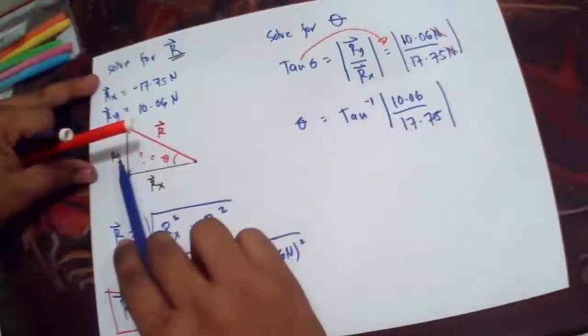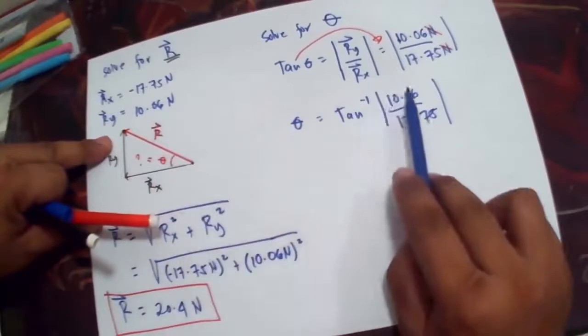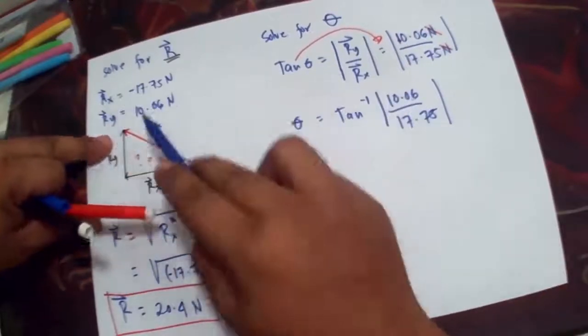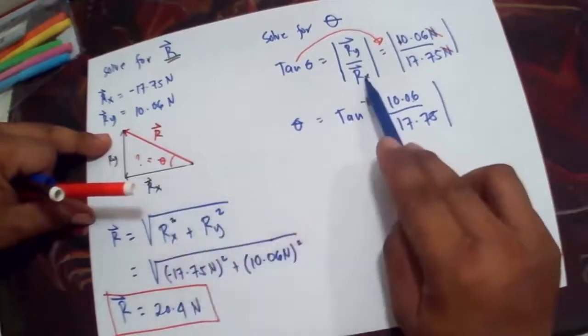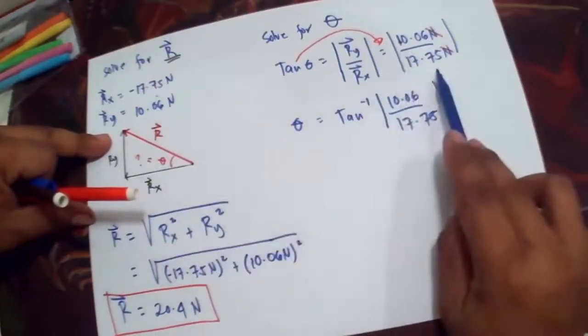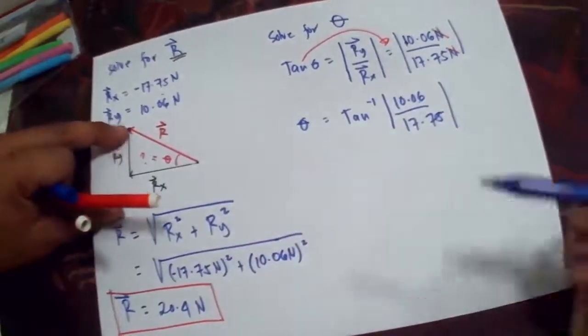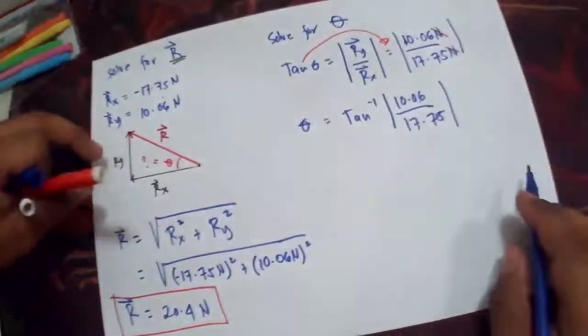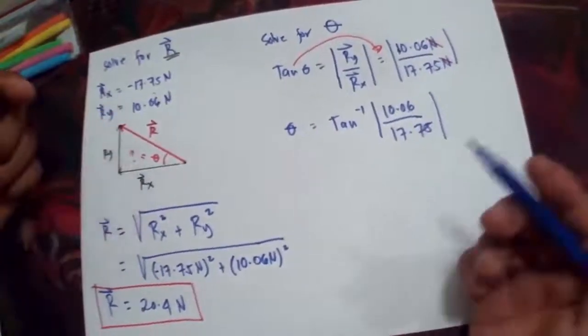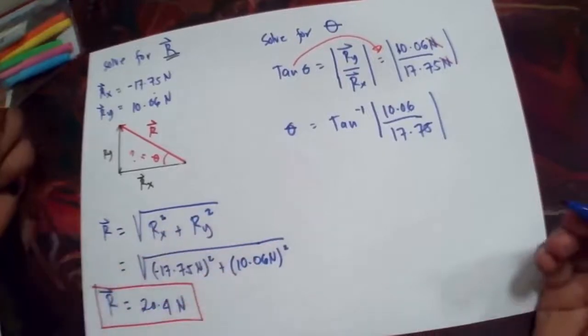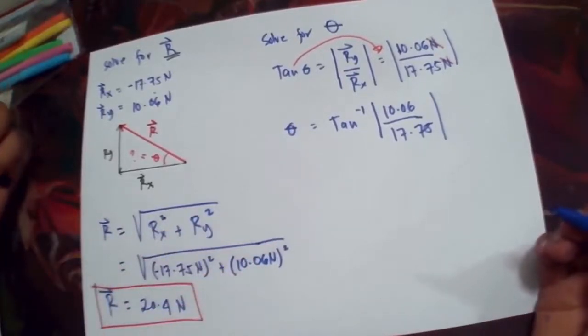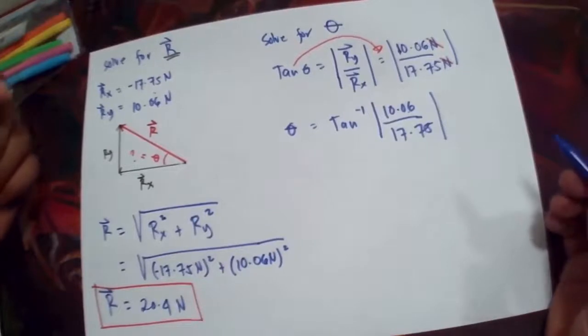R sub y is this one, the value is here, it's correct. R sub x is the adjacent, and the value is okay. So it's correct. Now perform the mathematics using your calculator, and try to verify my answer because I just used a mobile phone calculator.